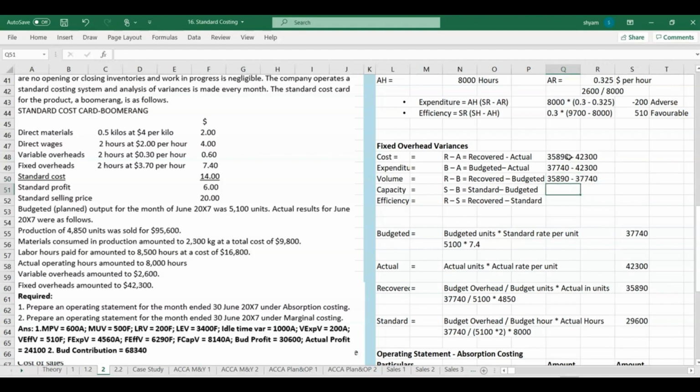Next one is standard 29,600 minus budgeted, which is 37,740. Last one is recovered 35,890 minus standard, which is 29,600. So we have done. We can just copy it and get the answer.